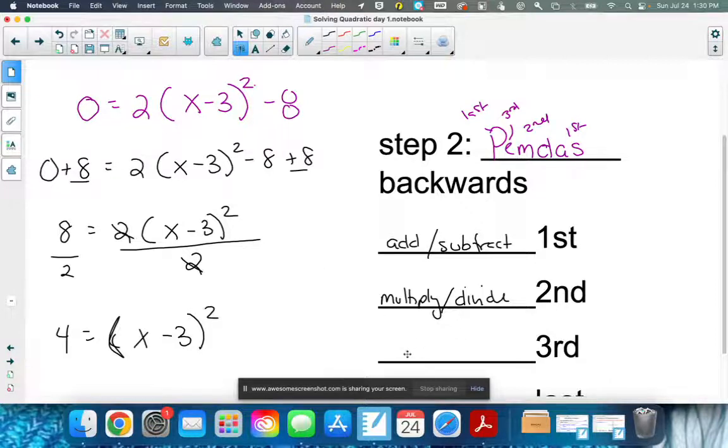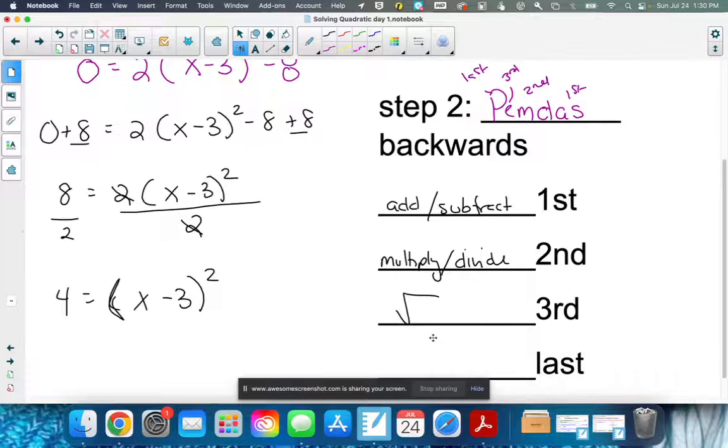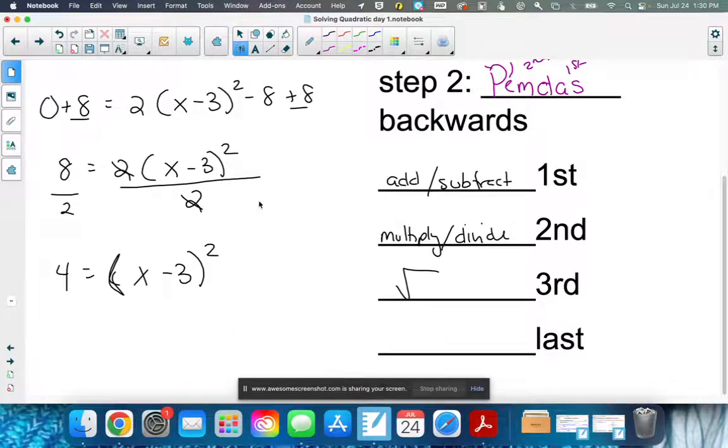Now I'm going to take care of my exponent, which means I'm going to need to square root. This is where I was talking about where you're going to get 2 different answers. If I square root both sides of this equation, square rooting is just going to get rid of that squared term. So what I really have is just x minus 3 here.